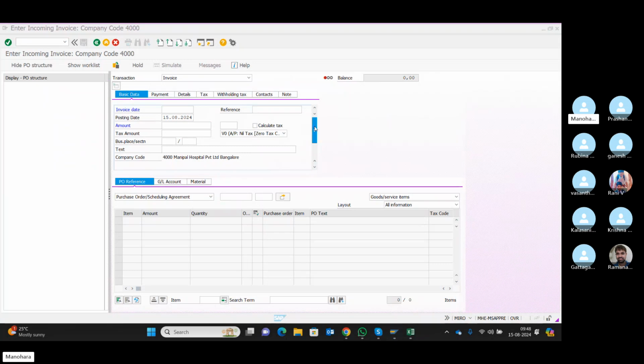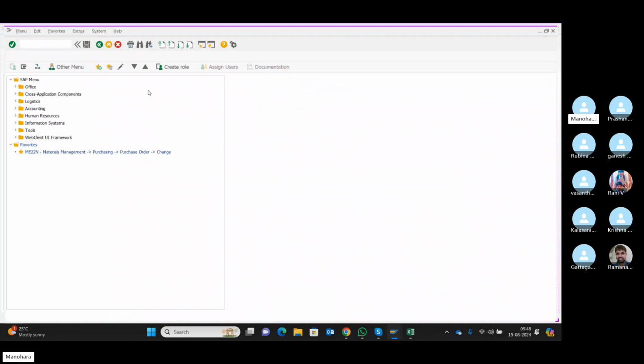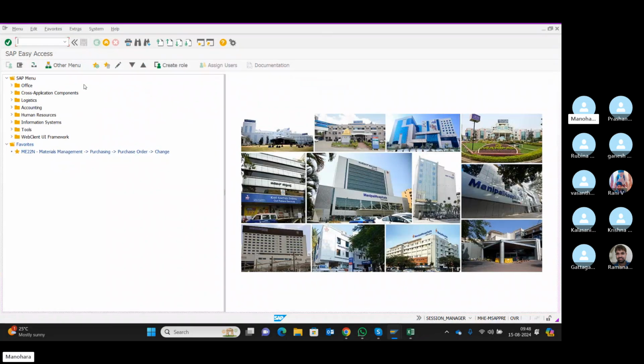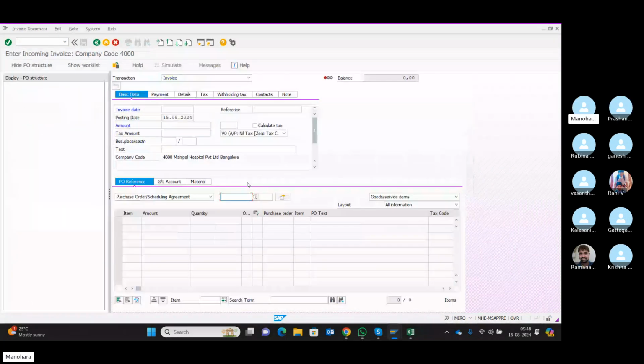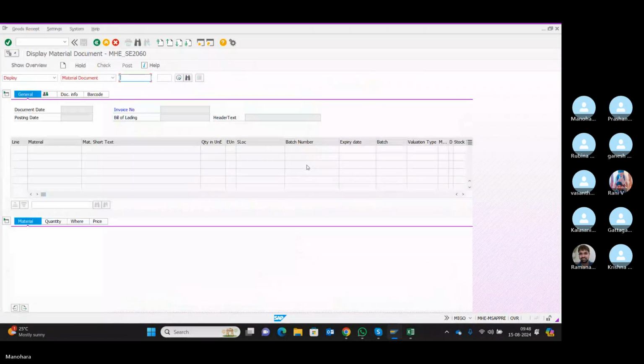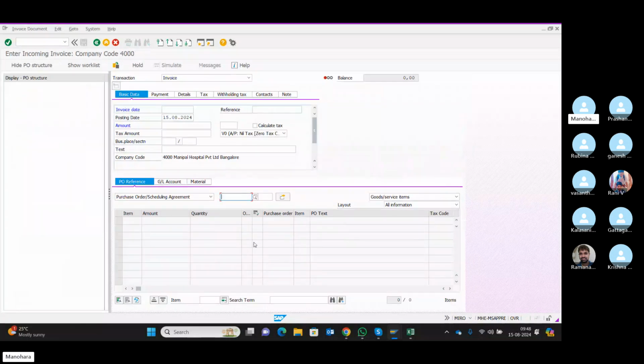In purchasing, in MIRO? For example, in MIGO, I will show you also. Does anybody see a profit center or anything here? Can anybody find a profit center in the GRN data? Under invoice data, is there any profit center here?